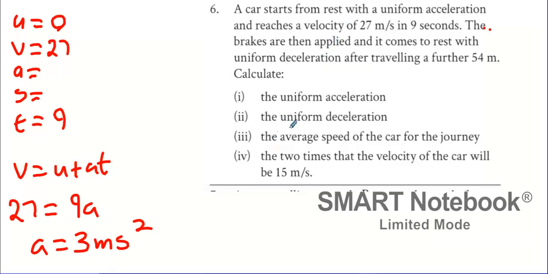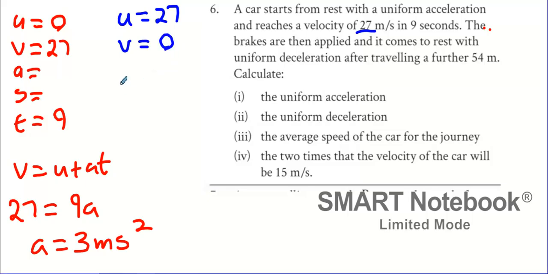Next thing, the uniform deceleration. What do we think there? The brakes are then applied. So what's my initial speed? 27. What's my V value? 0.